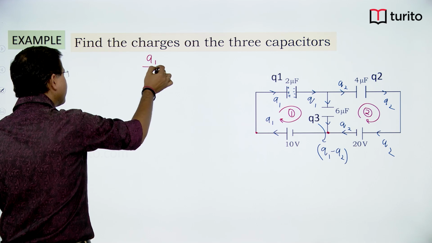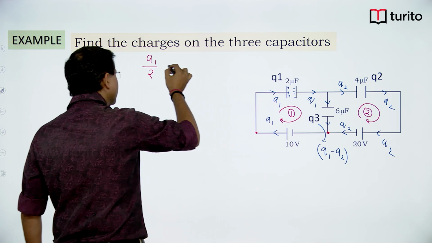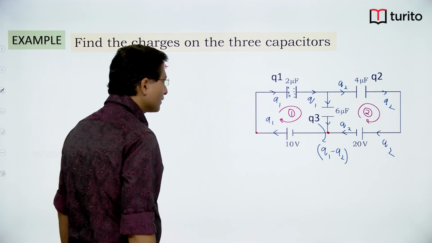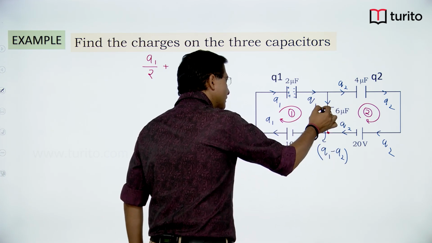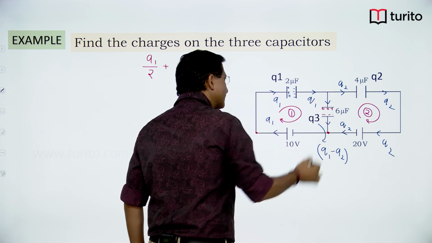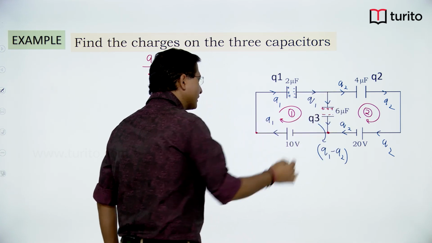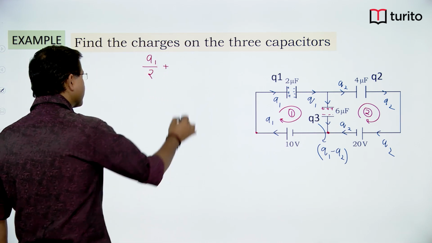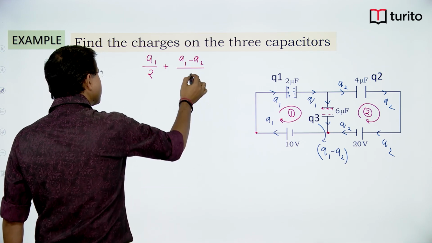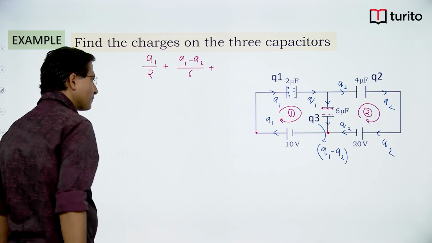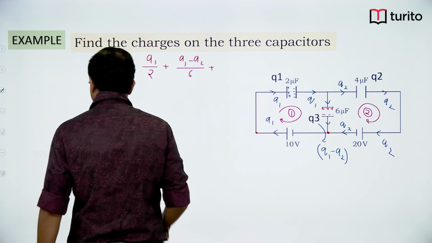So, Q1 divided by 2 with plus sign, because this is a decrement. Look at this one, here it receives this much charge, that means this will be positive and this will be negative, and as you are moving this way, it is a decrement, and decrement is taken with positive sign. So, I write Q1 minus Q2 divided by 6, plus, increment, minus 10, right.